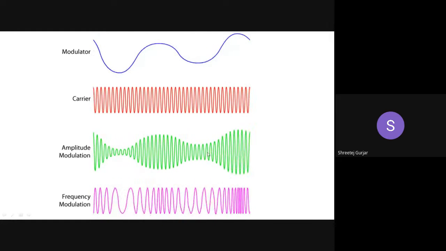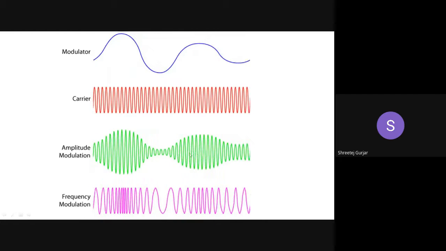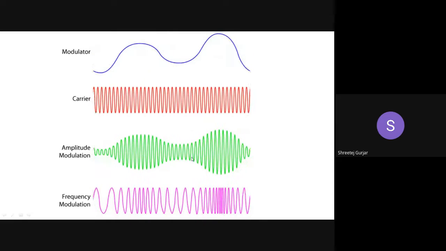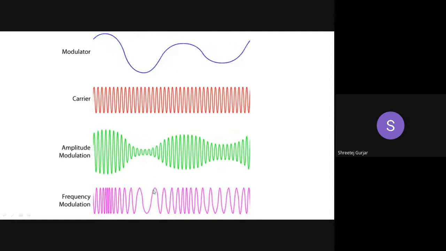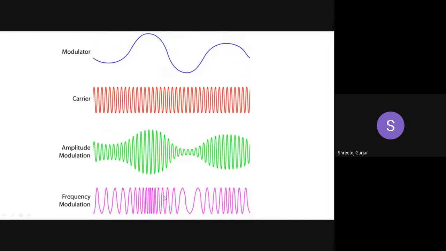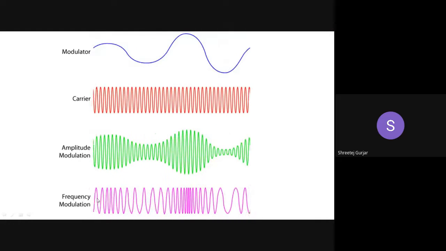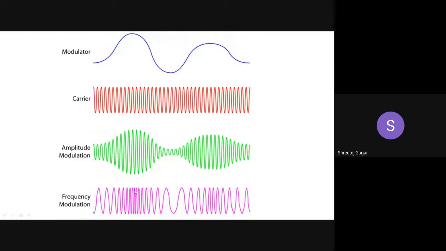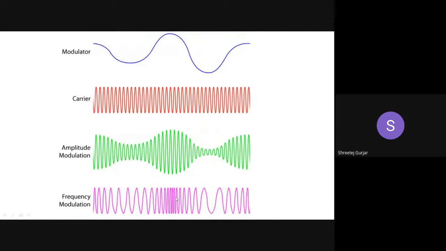The frequency is constant. You can see the spacing between two waves is constant, but the height of the wave goes on changing. So this is amplitude modulation. And in the last figure, the bottommost wave, you can see the amplitude, the height of the wave, is constant, but the frequency is changing. Hence it is frequency modulation. You can see we have loosely packed waves, and then we have dense waves.